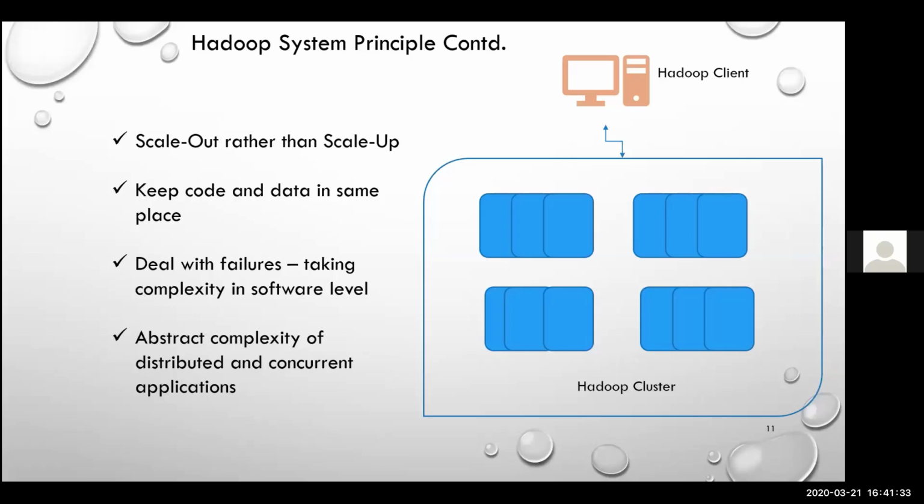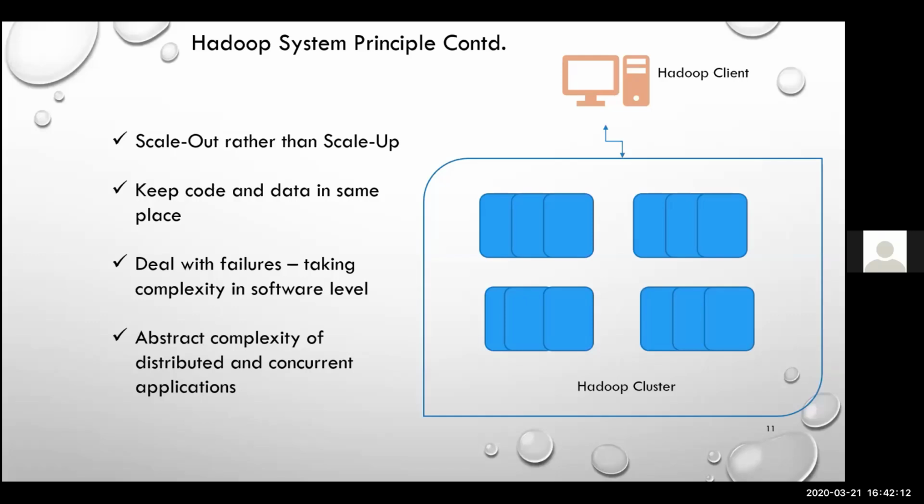Number one is scale out rather than scale up. We'll discuss more. Second is keep our code or logic and the data on which we will apply the logic and code in the same place. Deal with failures, taking complexity at the software level, not at the hardware level. You'll understand more when we explain in detail.